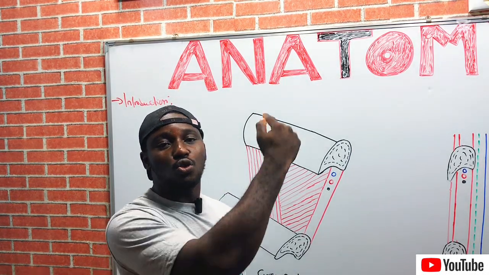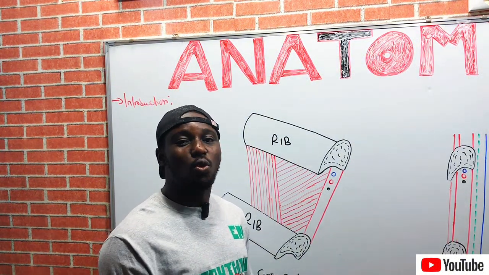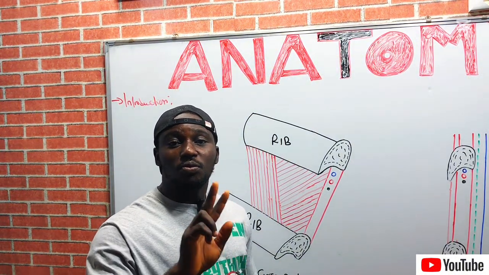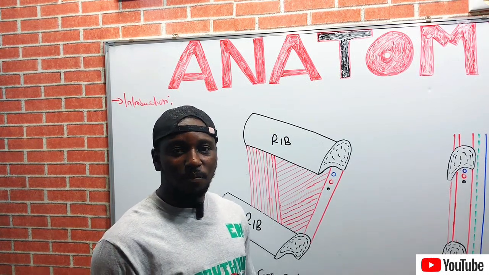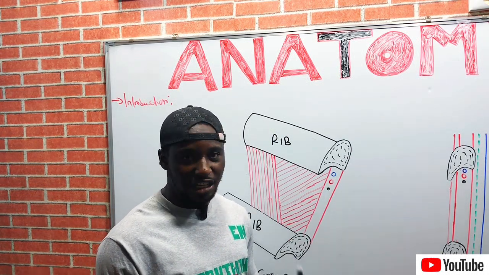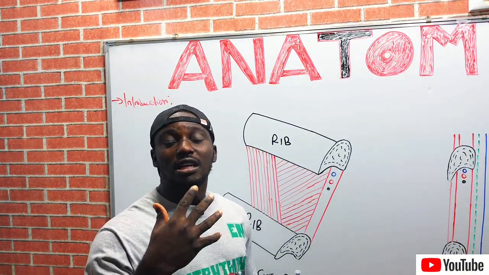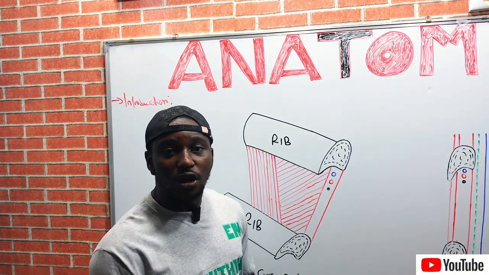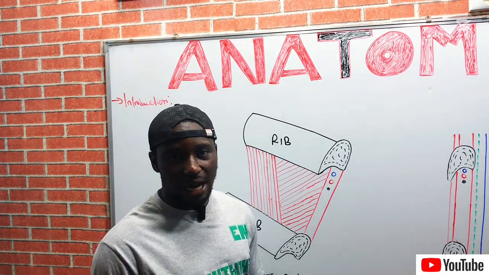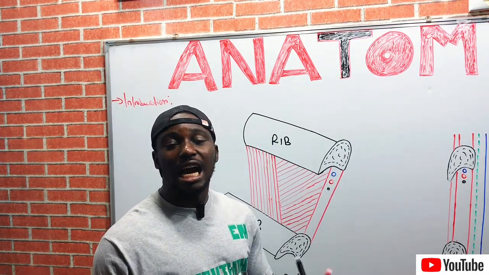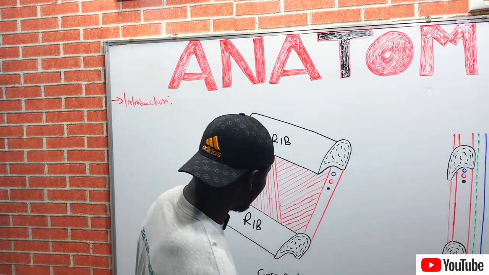So when you calculate this, you deduce that there exist 11 pairs of intercostal space, because it is right and left. So we have 11 intercostal spaces located on both sides, 11 on the left, 11 on the right. That is how they are fashioned on the thorax.